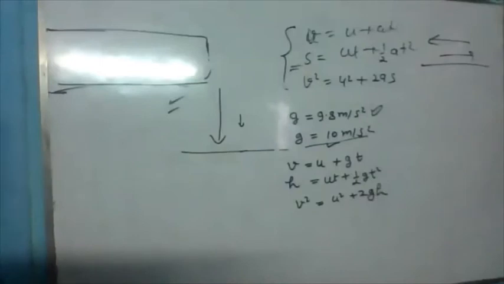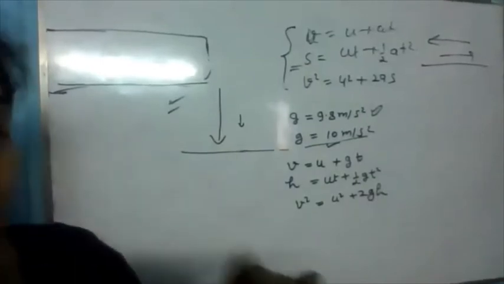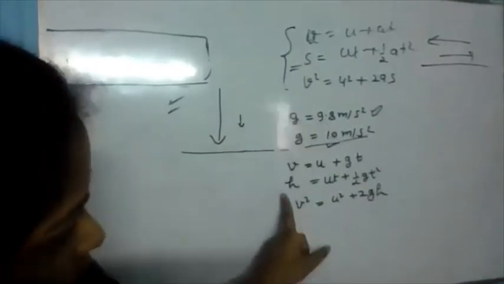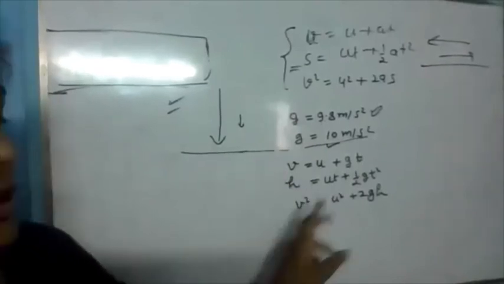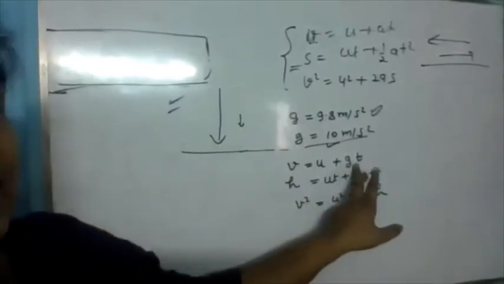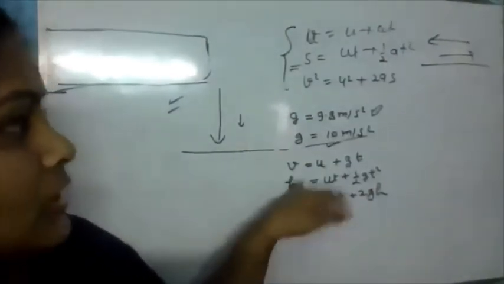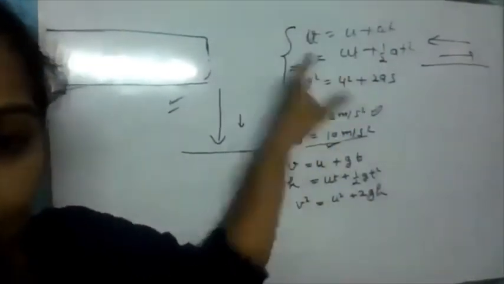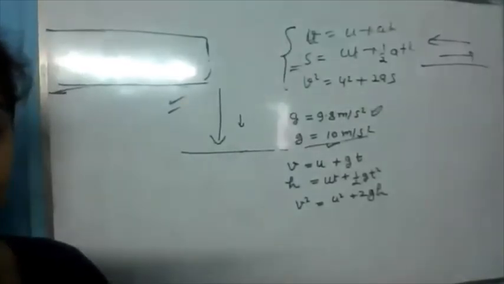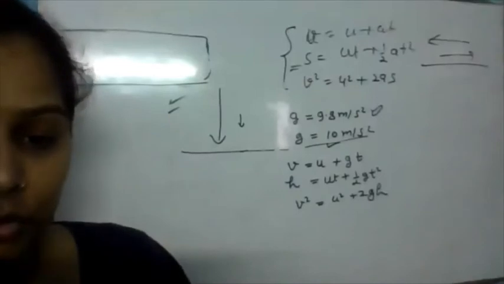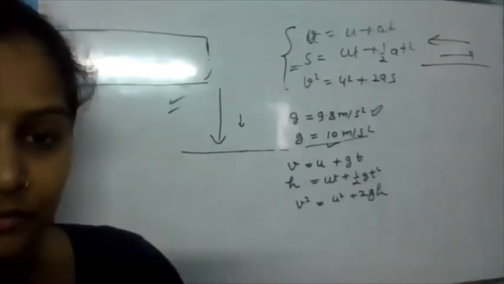So whenever we talk about acceleration due to gravity, we use the equations of motion like this. We use small g in the place of a and h in the place of displacement. Is this clear? Is the equation of motion under acceleration due to gravity clear?